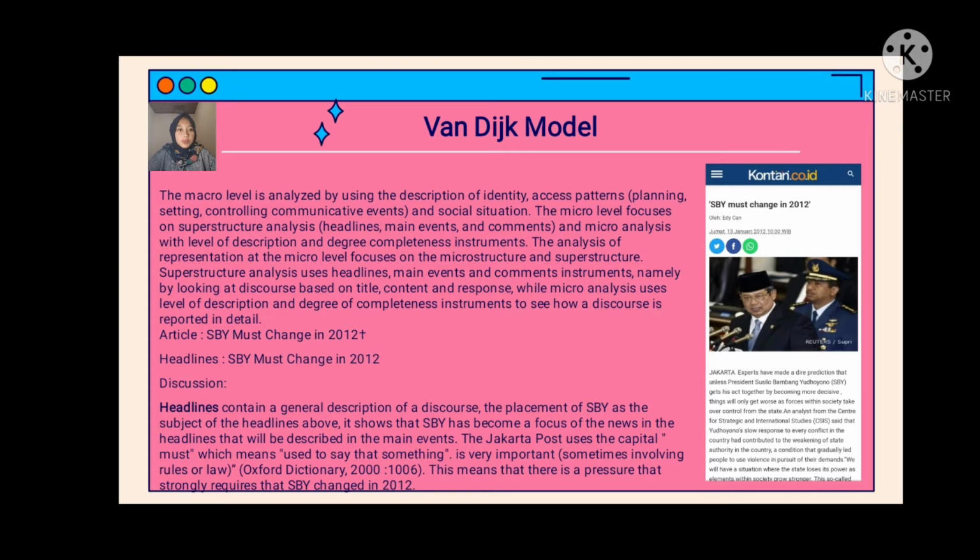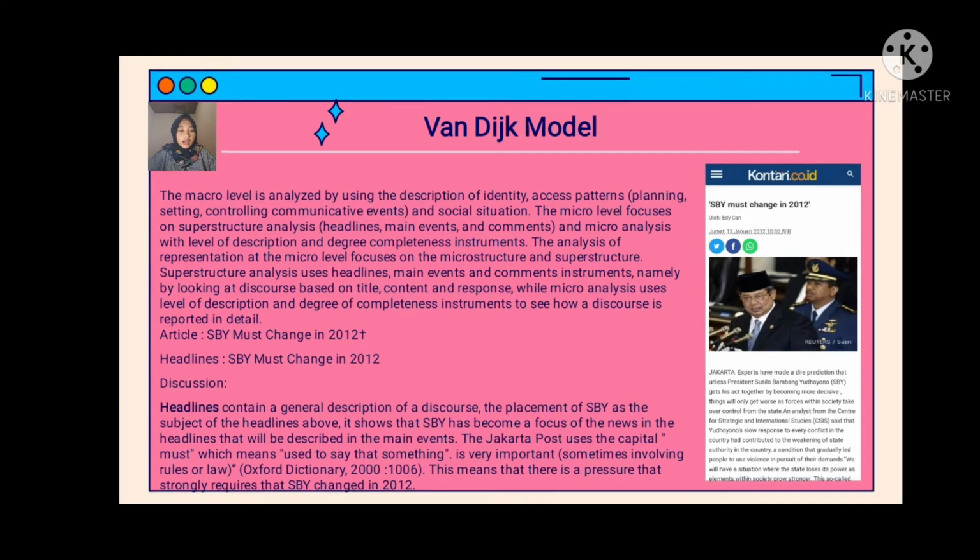Because if his performance were satisfactory, he would no longer need to be required to change, right? Perhaps he would only be asked to improve what was lacking. Indirectly, the headline made by the Jakarta Post gives rise to a negative representation of SBY himself. This will be described in more detail in the main events.